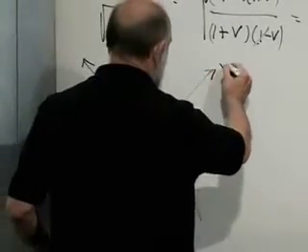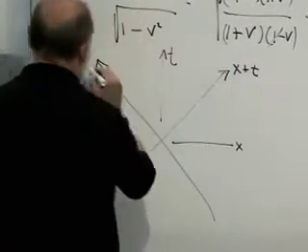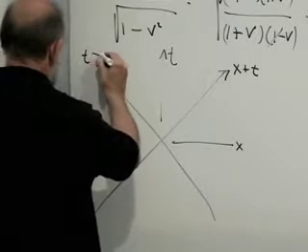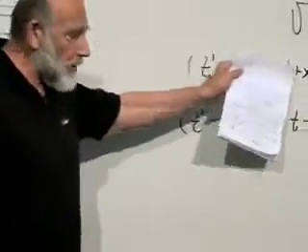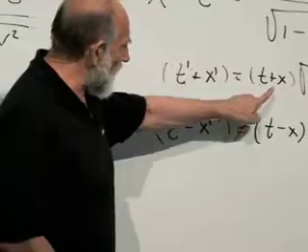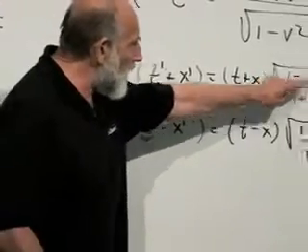This is the x plus t coordinate, and this is the t minus x coordinate.